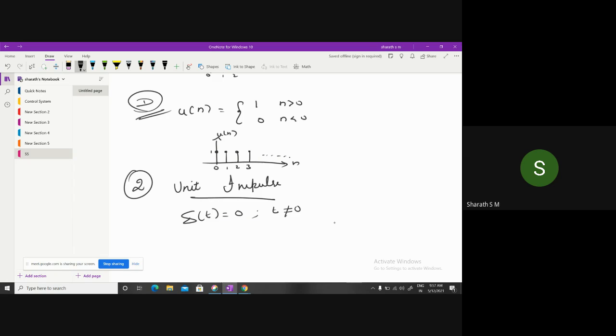And the area of delta of t, write down, that is the integral from minus infinity to plus infinity of delta of t, is equal to 1.